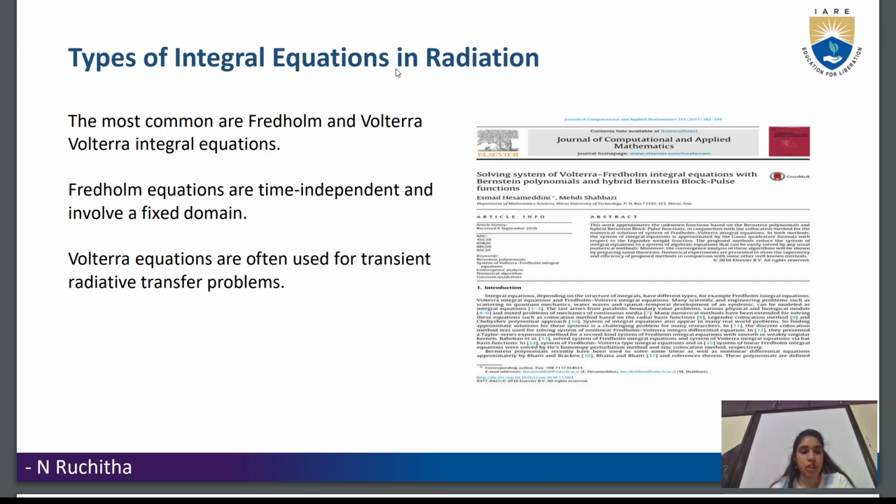Fredholm integral equations of the first kind, typically ill-posed, arise when intensity at boundaries must be determined. Fredholm integral equations of the second kind, more stable, are common in many radiation boundary problems. Volterra type integral equations appear in time dependent radiative transfer.